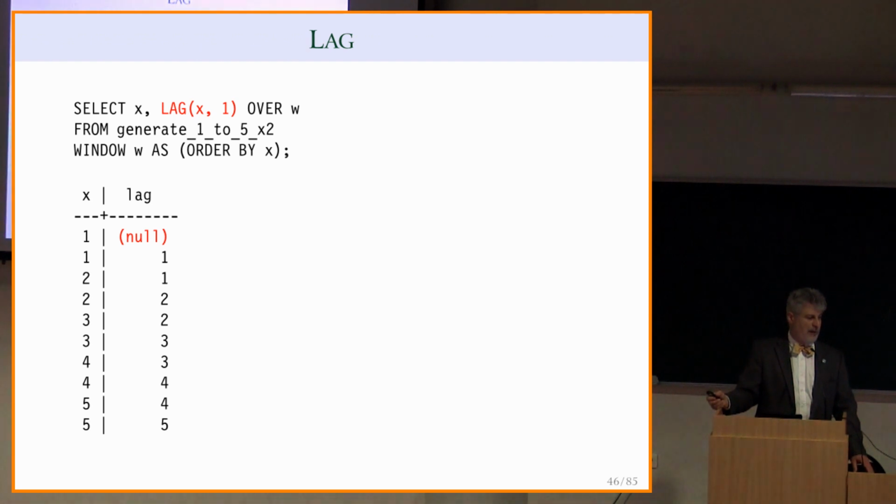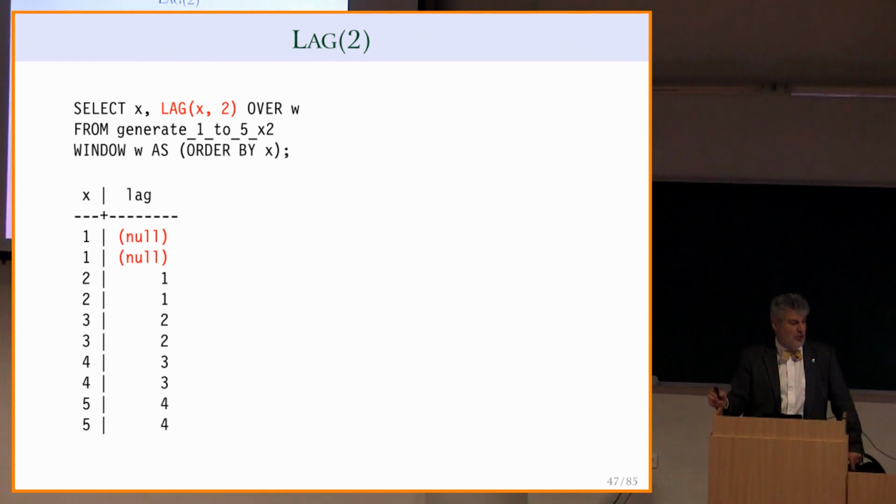Here this is 1, and this is null because there is no row before it. But the next row, the 1 is 1, and all the way out here, it just shifted everything by 1, basically. I can do lag 2, and then I'm going to go 2 backward from my current row. Again, the first 2 rows don't have any rows there, so they return null.